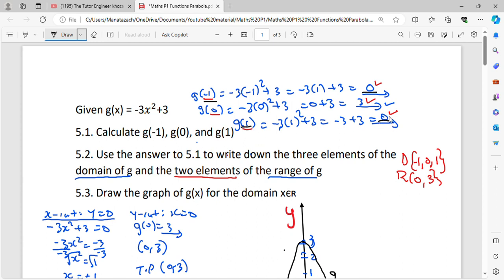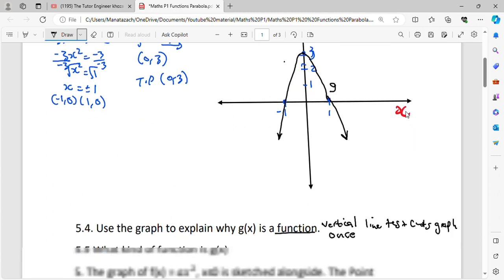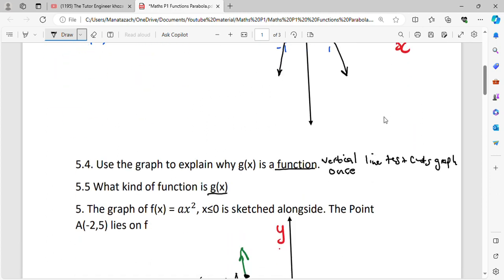So for two different values of x, you get the same value of y. So that makes it a kind of function called many-to-one function. So for many values of x, you get one value of y. So the answer here is many-to-one function.